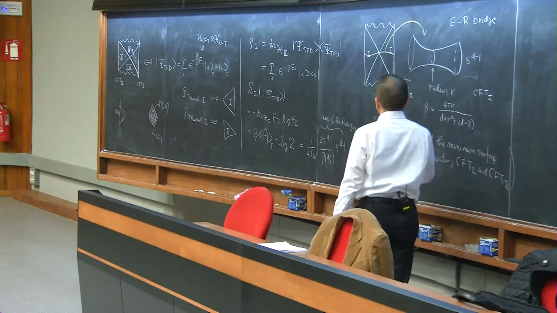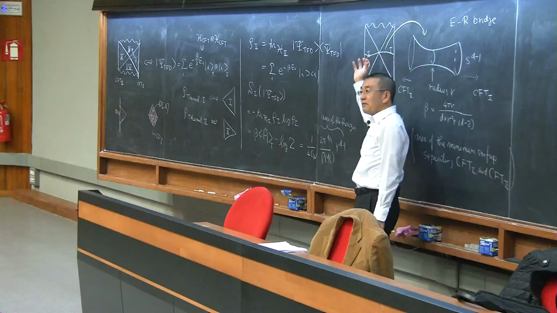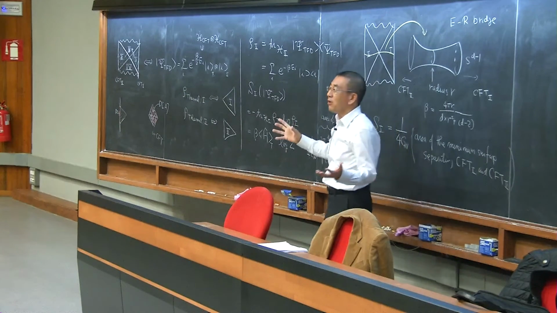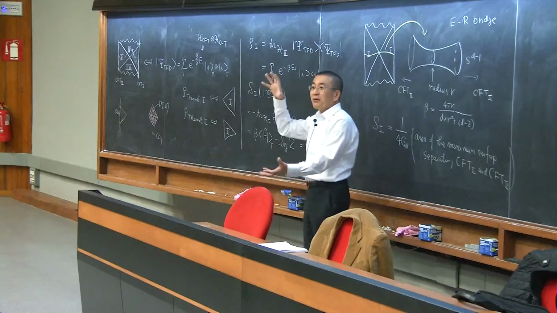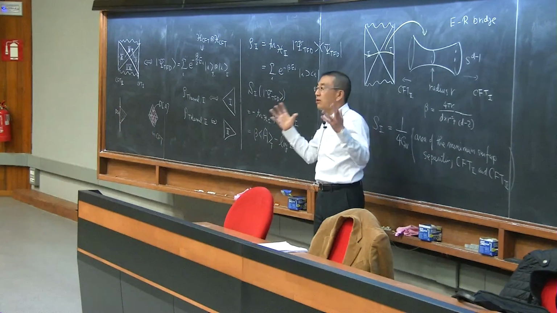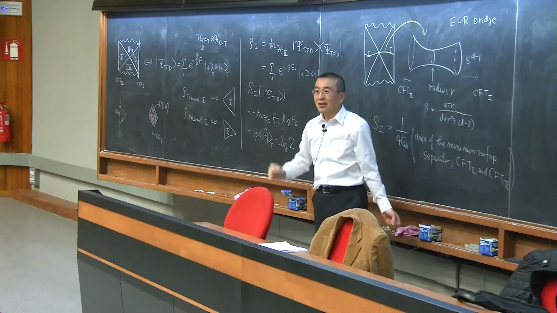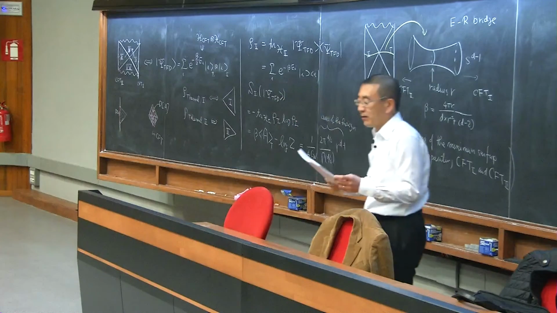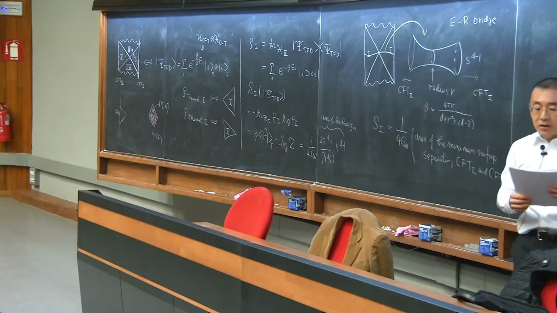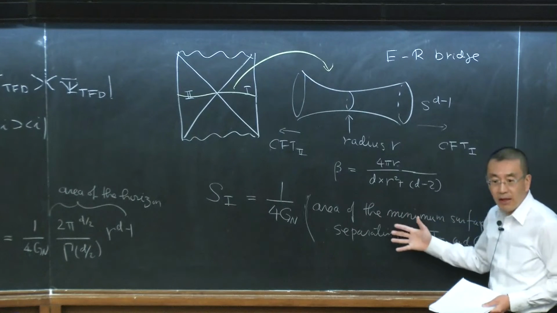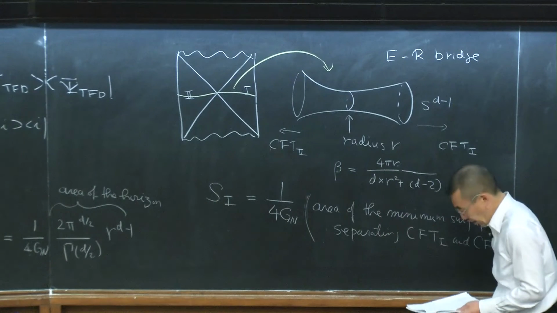One is that the entanglement itself is influencing the geometry. As the entanglement grows, the size of the bridge grows, and so the geometry connecting the two conformal field theories is growing. So somehow entanglement is building up the geometry in the bulk. The other interesting feature is that this entanglement entropy is related to the area separating the two things.